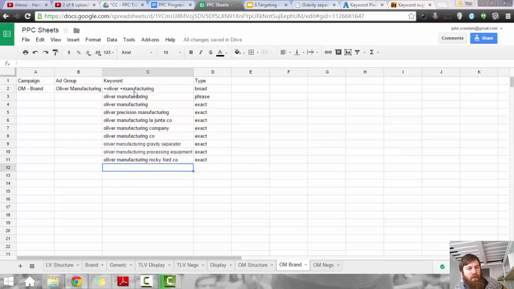Not a lot of searches, but still it kind of segments us out. Now some of these campaigns, the search volume is going to be so low that these AdWords campaigns aren't going to spend a lot of money. But the good thing is, for a company like this, the return on investment can be so massive.